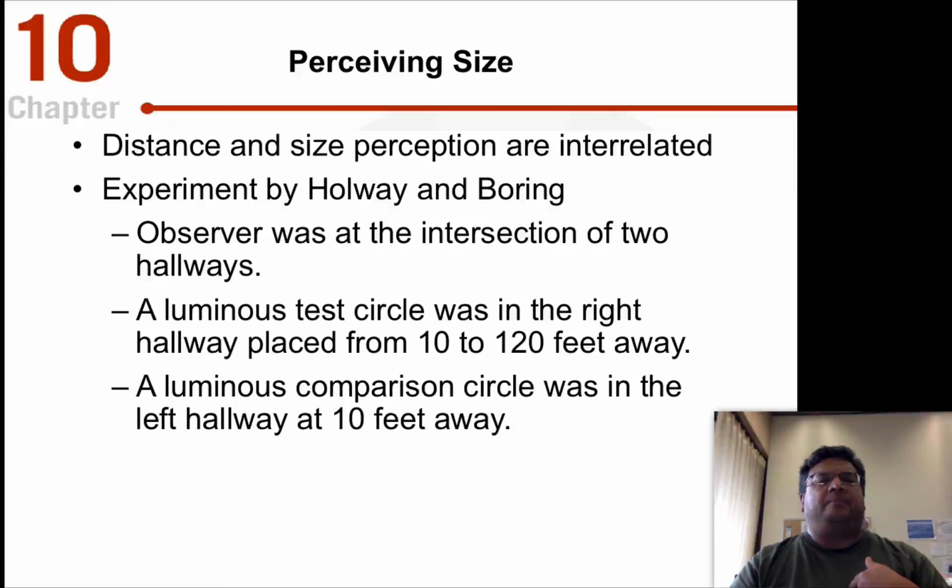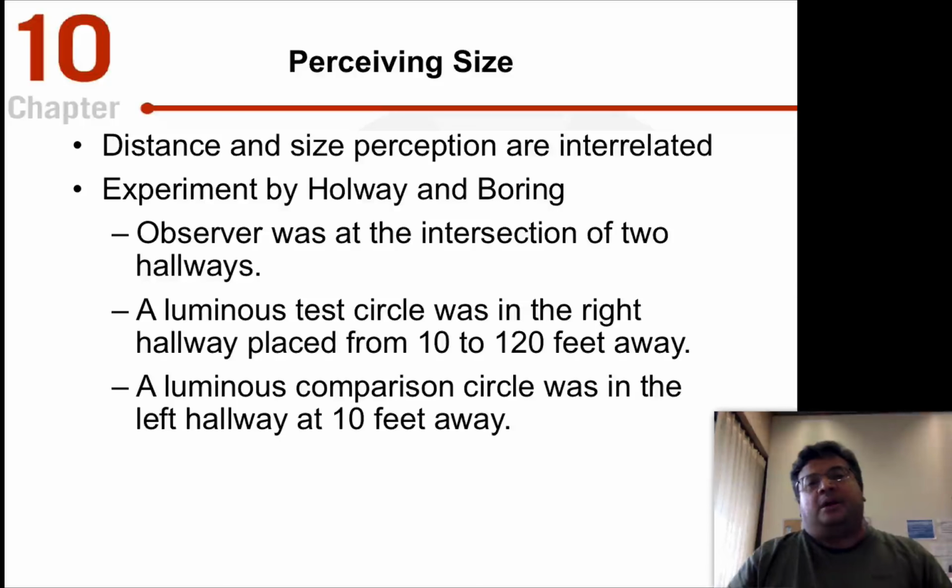So part of our perception of objects that are moving in our environments has to do with how big we know they are, and that's how we're able to judge how far away they are.